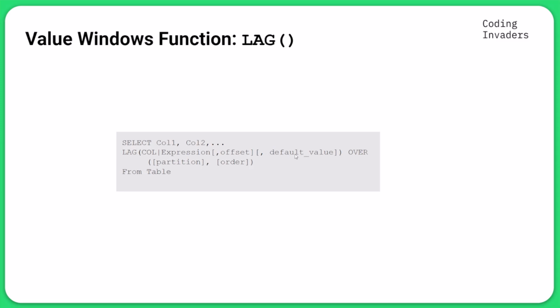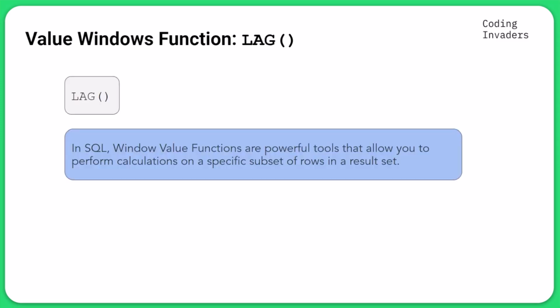Default value is what you fill in when there is a blank or null. And then OVER with partition and order, again optional arguments. So now you understand how the lag function allows you to access data from a previous row. Now let's see how the lead function works.